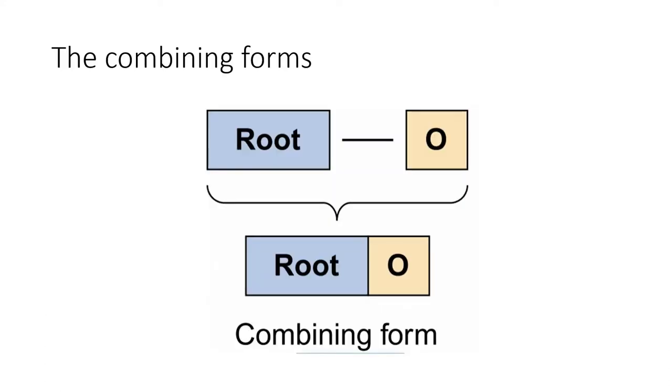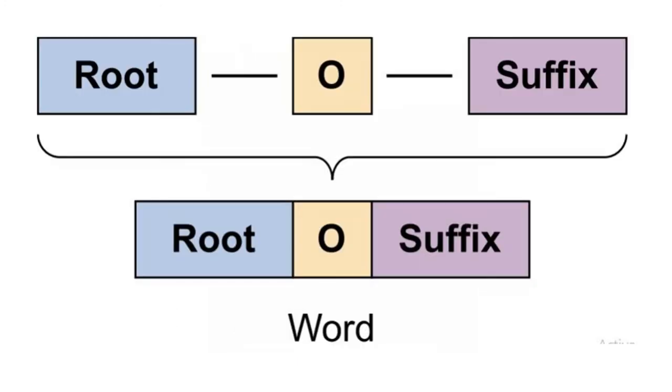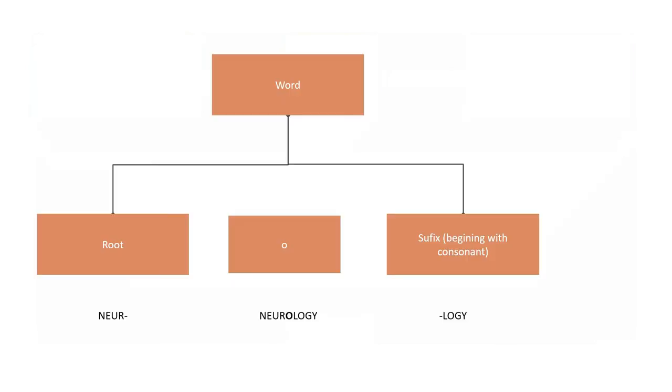So for example, let's talk now about combining forms. When we have a root and then a suffix that starts with a consonant, in most cases we're going to add an O. So we have root, O, and suffix. All of the suffixes that start with a consonant. For example, neurology.